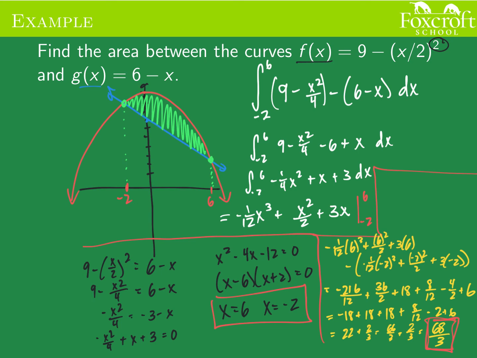Then we set up our integral from -2 to 6, the places where they intersect. Take the top function, the red quadratic, and subtract the bottom function, the blue line. I can do some simplifying before taking the antiderivative to make my life simpler, and then I plug in numbers and simplify.